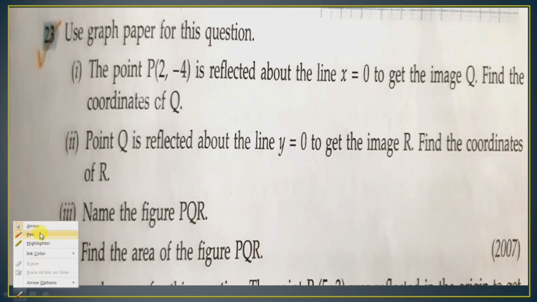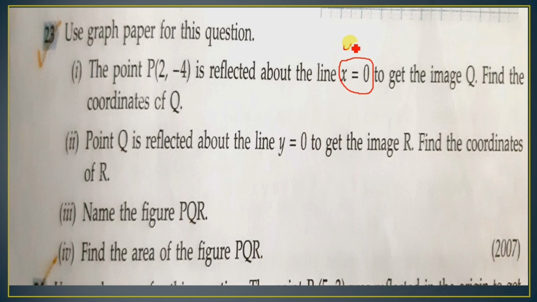Here what is important is x equals 0 means this is the y axis, and y equals 0 means this is the x axis. It's a very important point to remember.